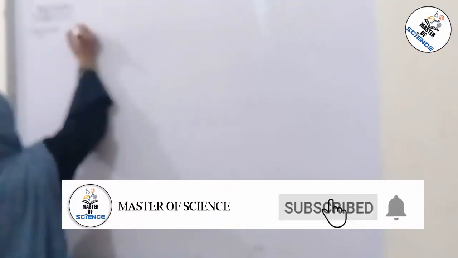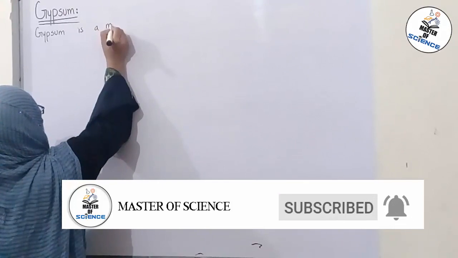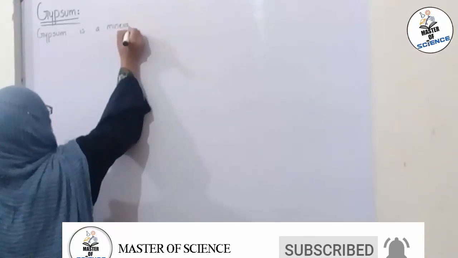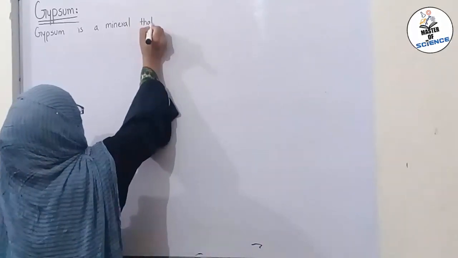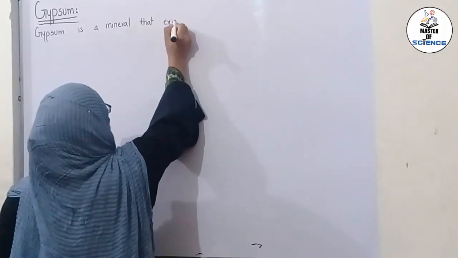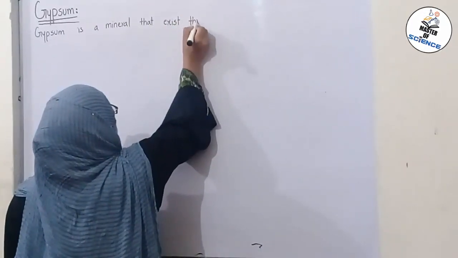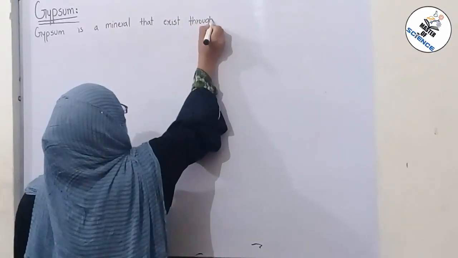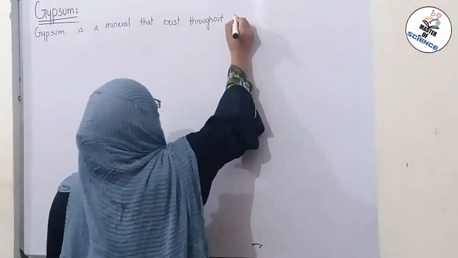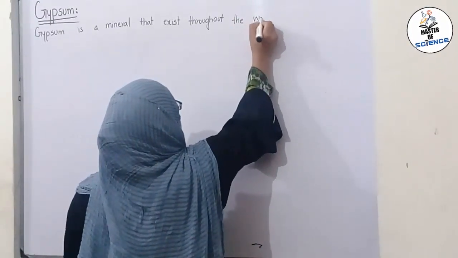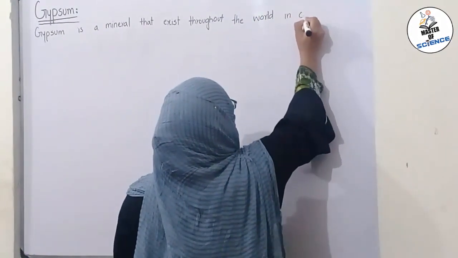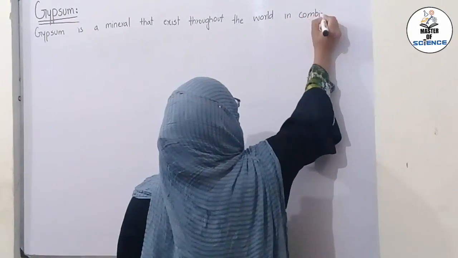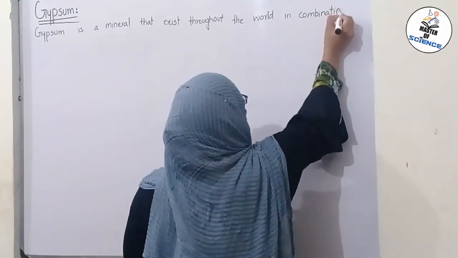So we can write, gypsum is a mineral that exists throughout the world in combination with rock deposits.